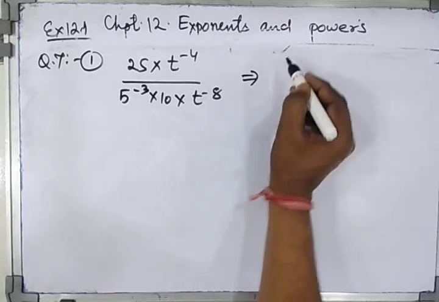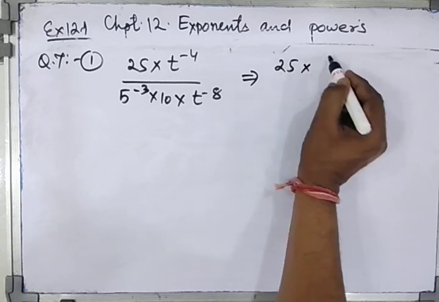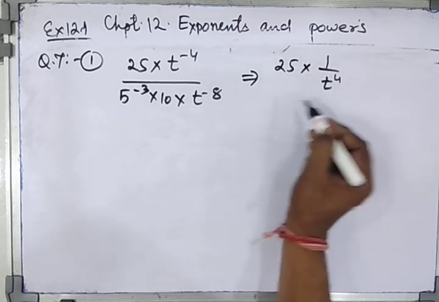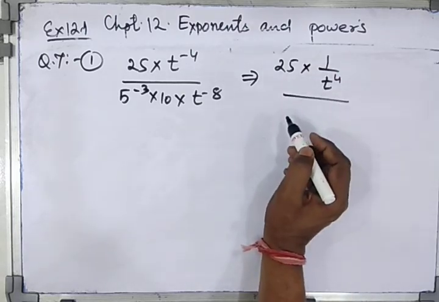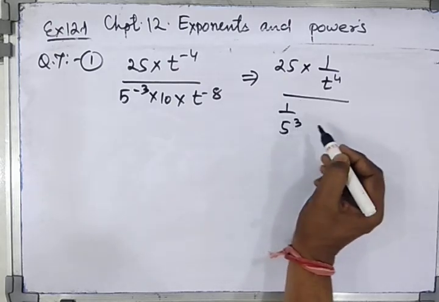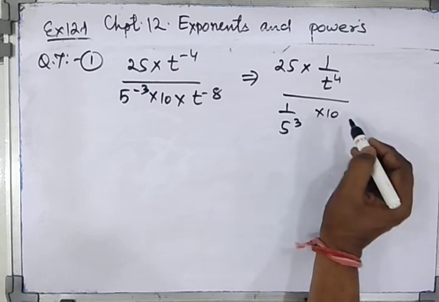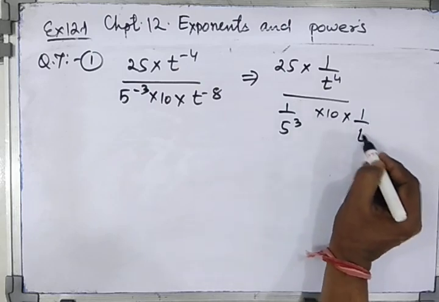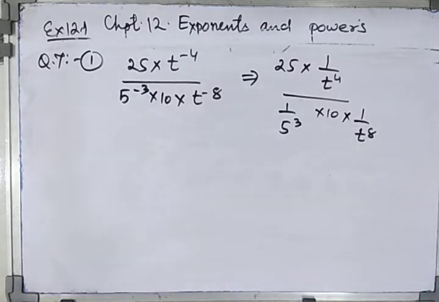So this will be equal to 25 into 1 by t raised to 4 divided by 1 by 5 cube into 10 into 1 by t raised to 8.